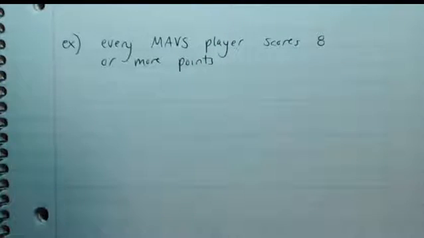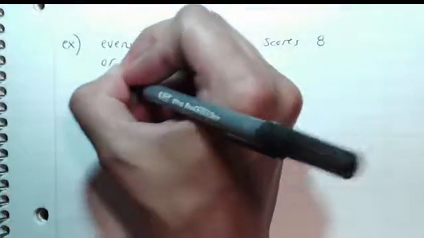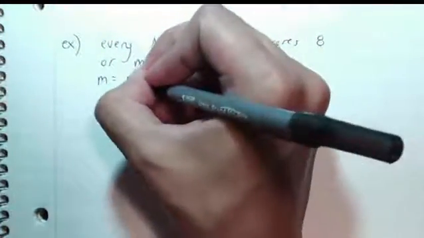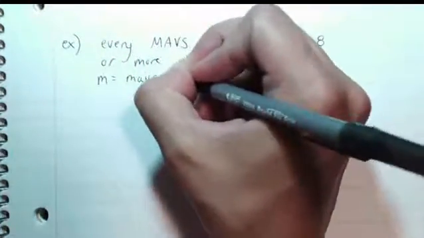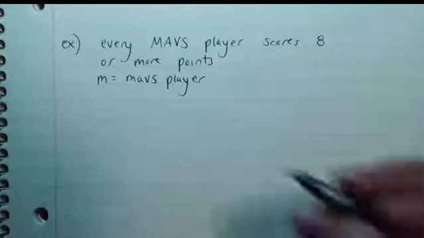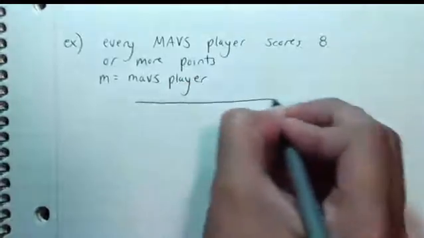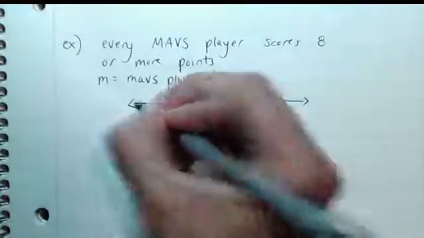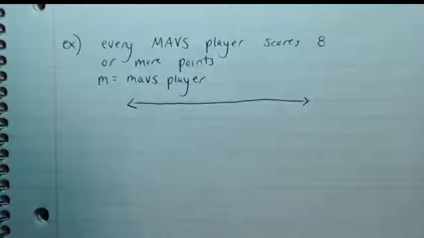What I want you to do is go ahead and write the inequality and graph that. We'll say the variable M is equal to Mavs player. Go ahead and write your inequality, and then I also want you to graph it. When everyone's done, then we'll push play to continue the video.